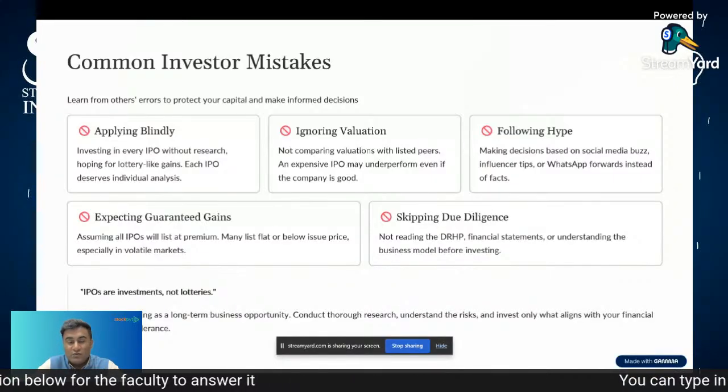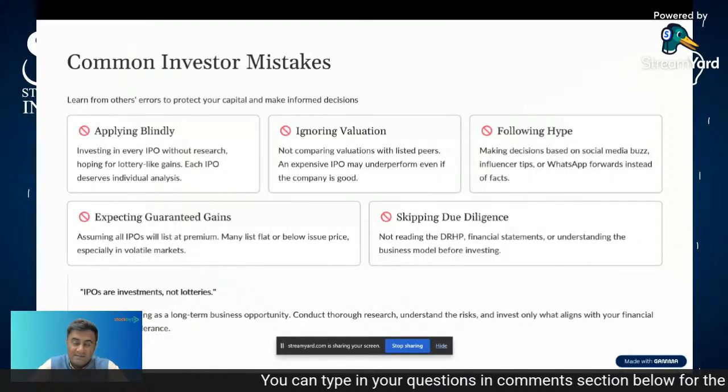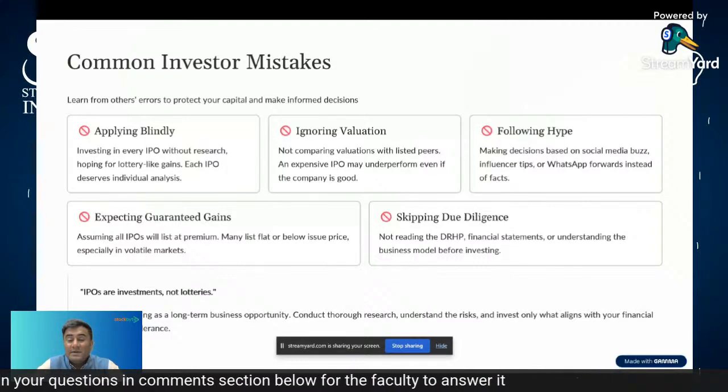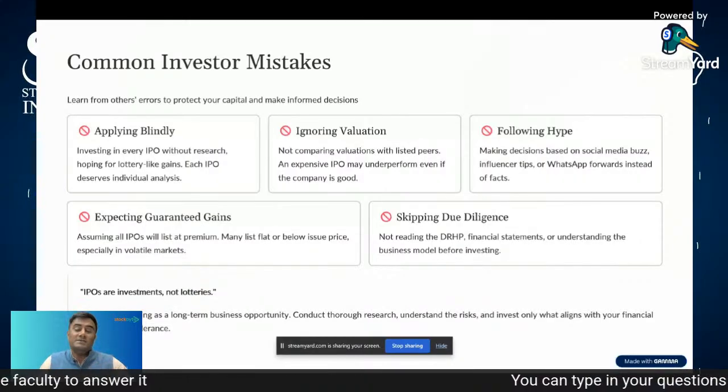So make sure you don't fall for false promises. Last is skipping due diligence, not reading the DRHP, financial statements, or understanding the business model.